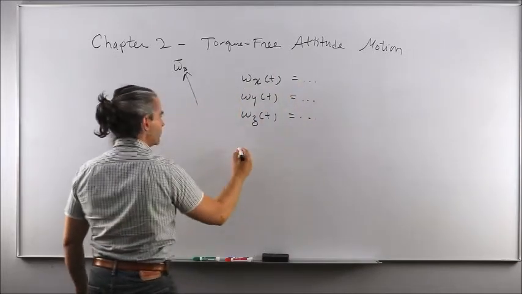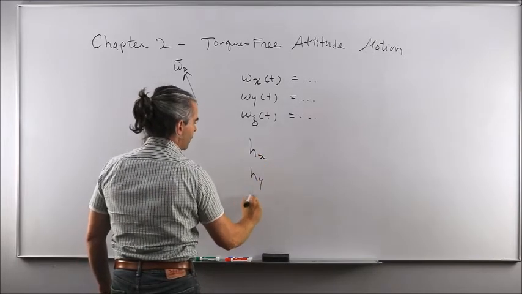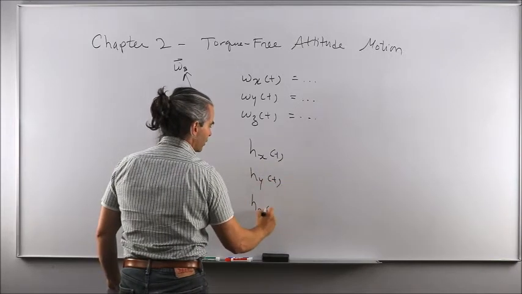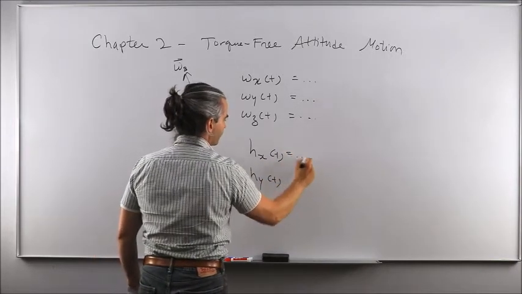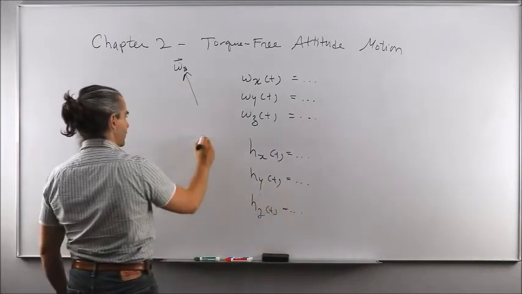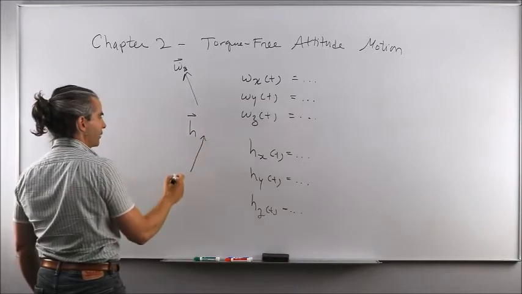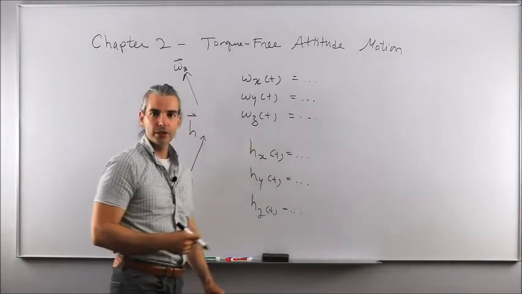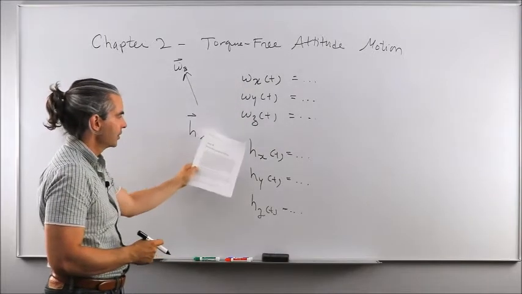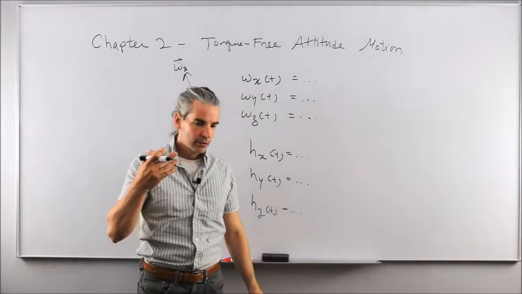And same for the angular momentum vector components, hx, hy, and hz as explicit functions of time. Okay. And those correspond to the x, y, z components of the angular momentum vector expressed in the body fixed reference frame.